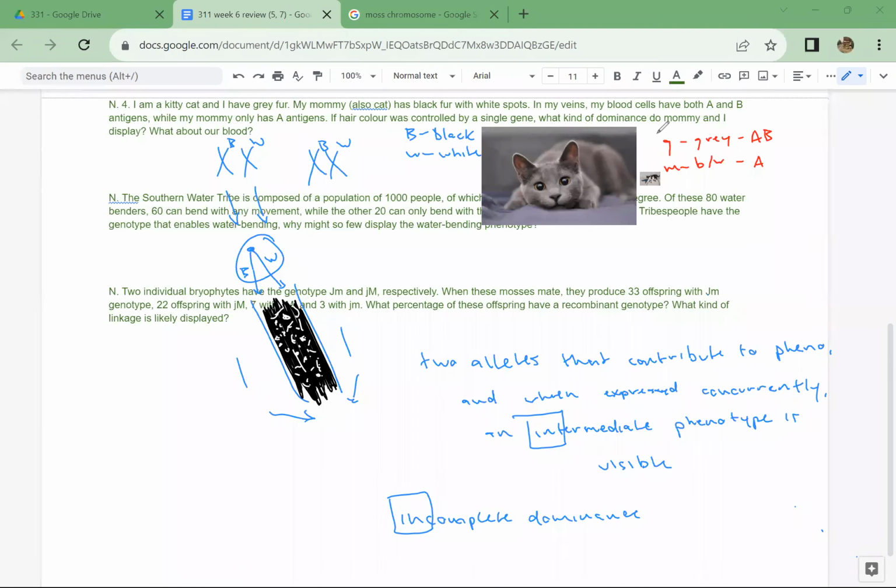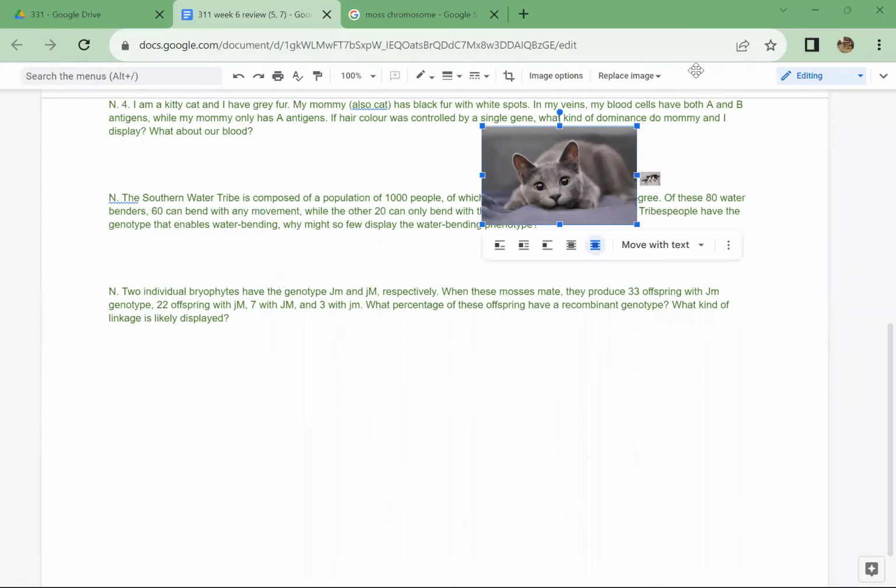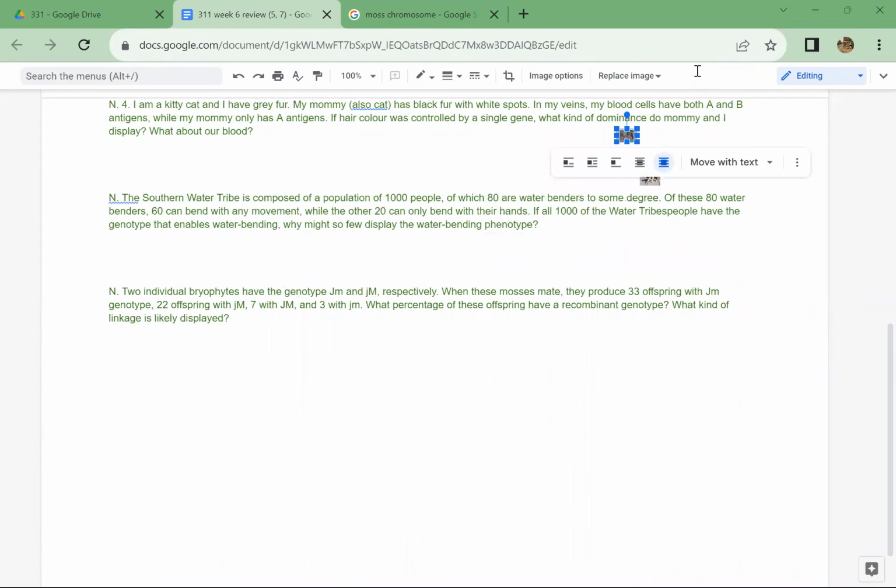So what about our blood type? So I am, it says in the question, my blood cells have both A and B antigens. Antigens are little sugars.